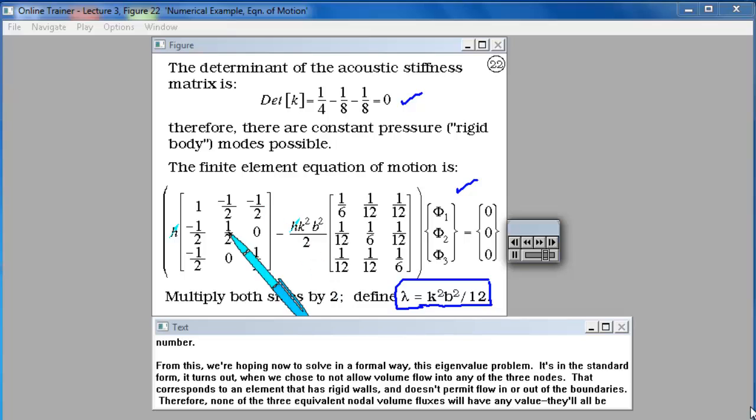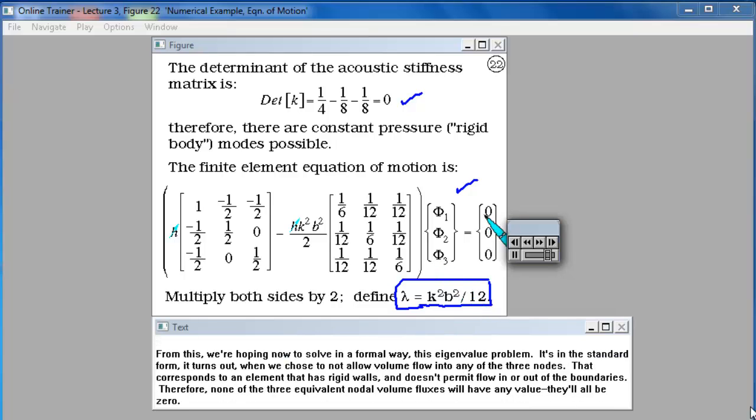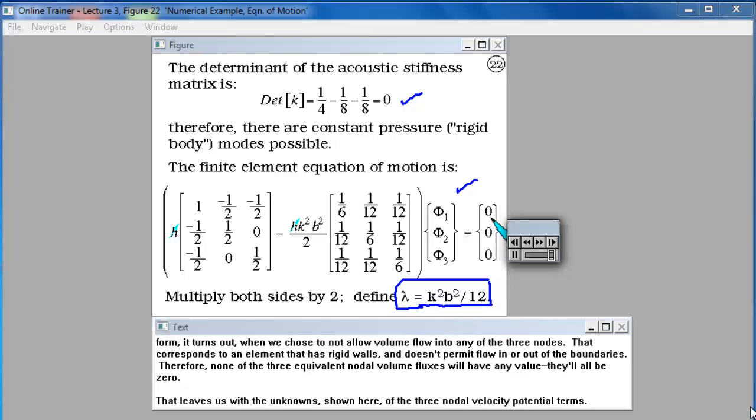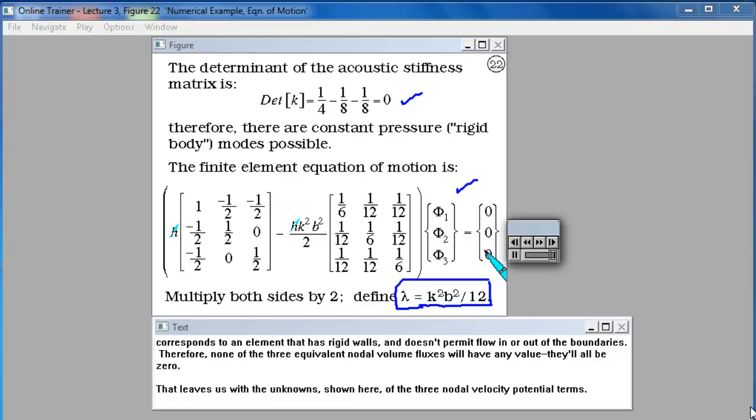It's in the standard form, it turns out, when we choose to not allow volume flow into any of the 3 nodes. And that corresponds to an element that has rigid walls and doesn't permit flow in or out of the boundaries. Therefore, none of the 3 equivalent nodal volume fluxes will have any value. They'll all be 0. So that leaves us with the unknowns shown here of the 3 nodal velocity potential terms.